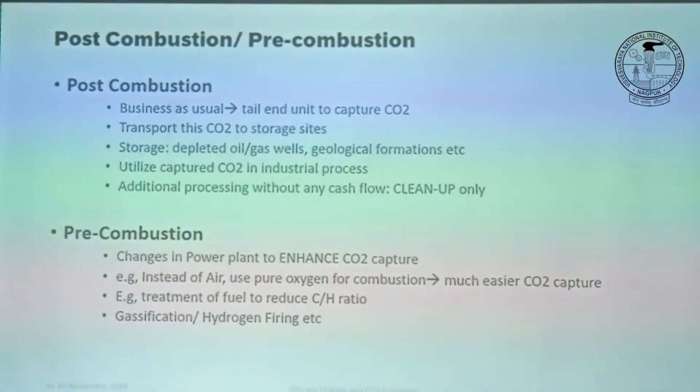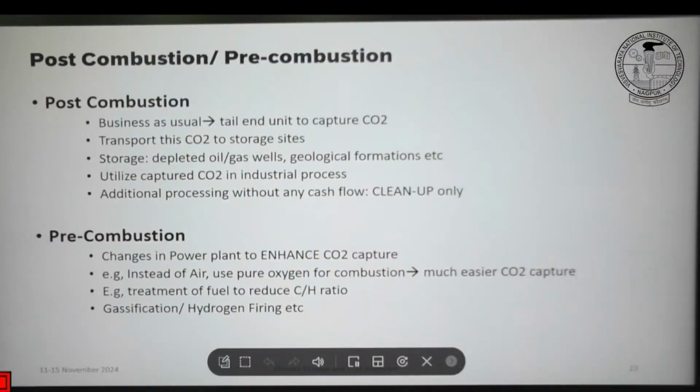But there could also be some pre-combustion techniques or technologies. So one is oxy-combustion. For example, when we burn fuel or coal, in this case using air, we also have a lot of nitrogen coming in. So one drawback of nitrogen we just discussed a few minutes ago is this NOx.